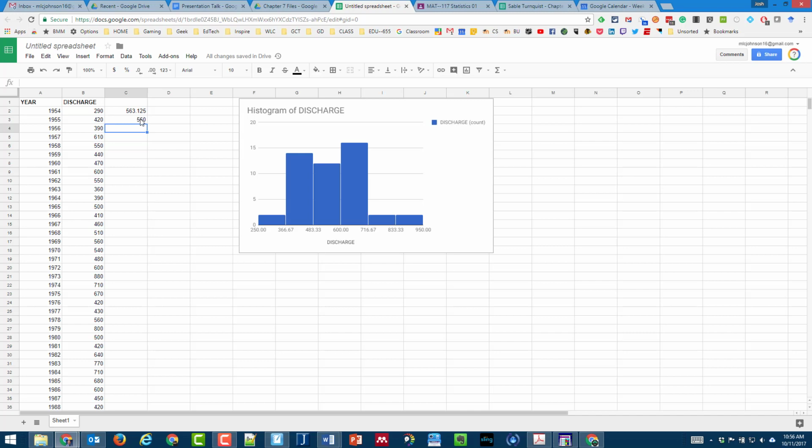It then says, does it seem reasonable to use X bar and S to describe the center and spread of the distribution? X bar being the average. Yeah, I think it would be. The standard deviation of this looks like 136.